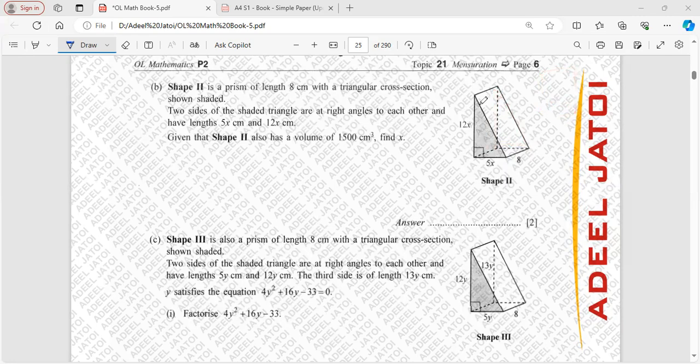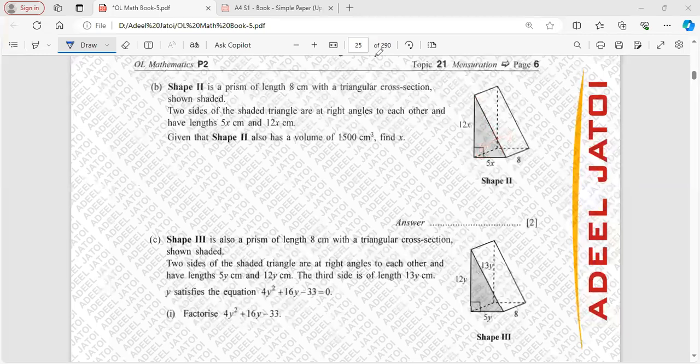But here, this is area of cross section multiplied by length.